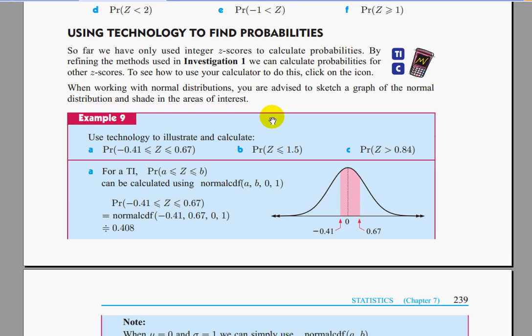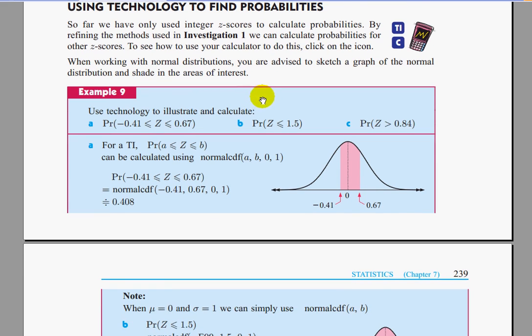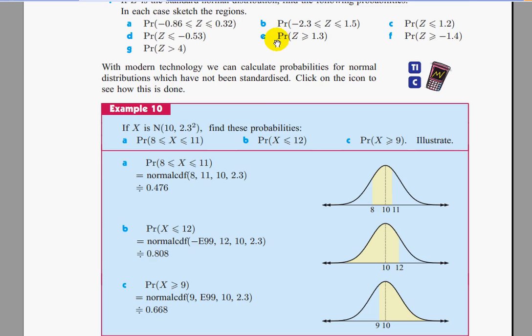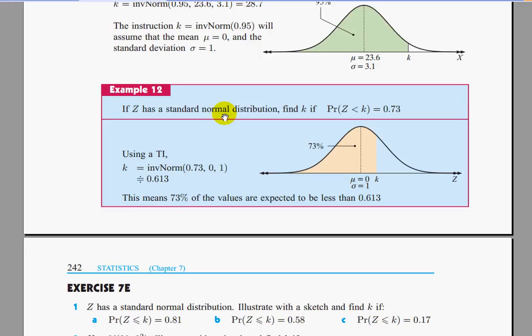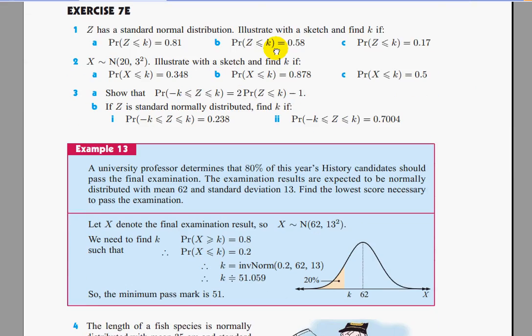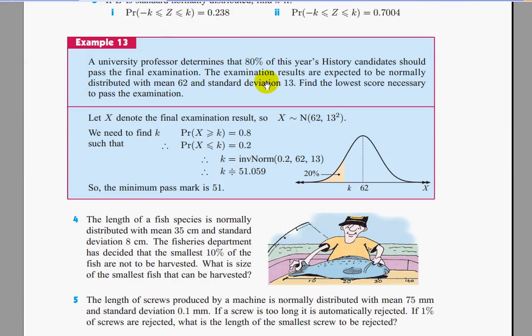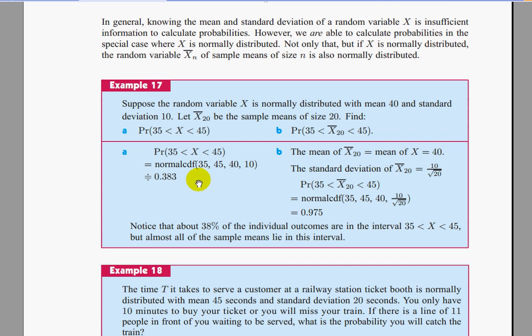Now next, I'm going to introduce a few examples. I suggest that you take a look at example 9, 10, 11, 12, 13 and also 14. That will be very useful for your preparation of the test.